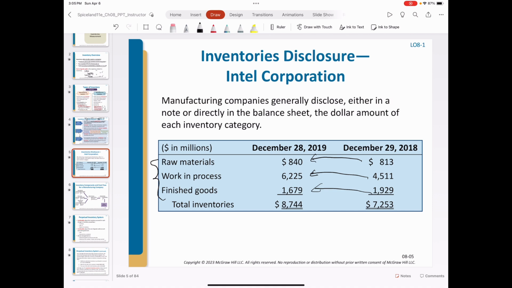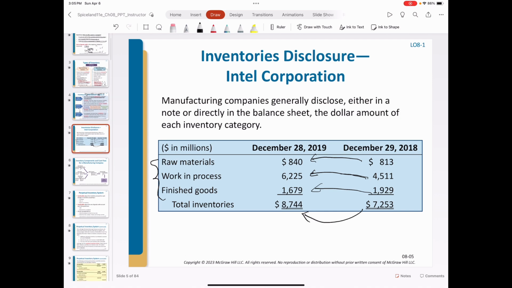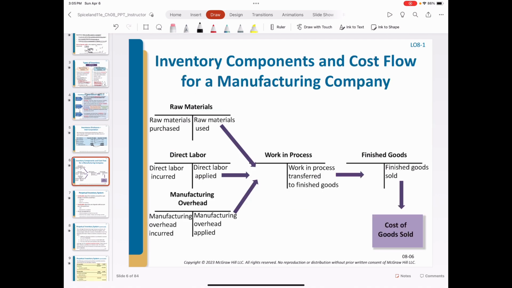Finished goods reduced by $350 million. The total inventory actually increased. The interpretation of this change in inventory also depends on other information. So this actually provides investors more useful information.